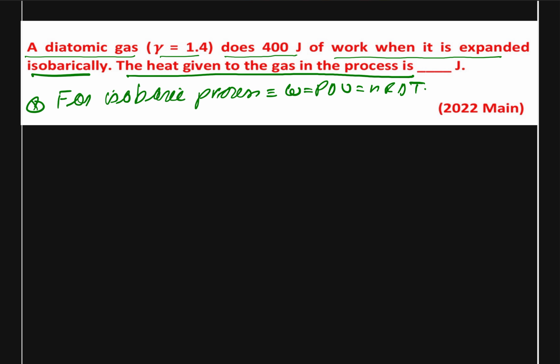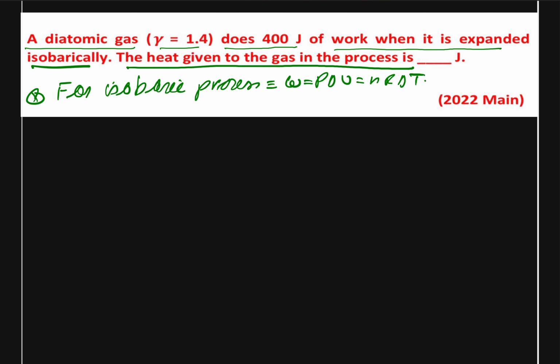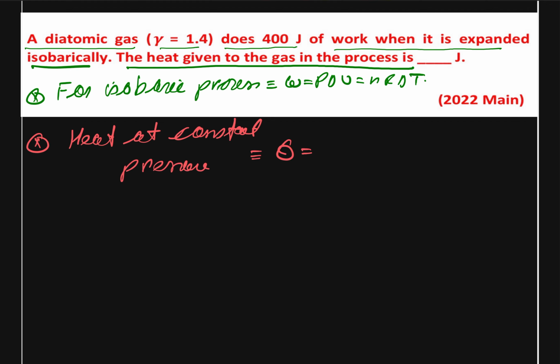So it is an isobaric process, therefore we can write that the heat at constant pressure, that is Q is equal to n Cp times delta T. Okay.